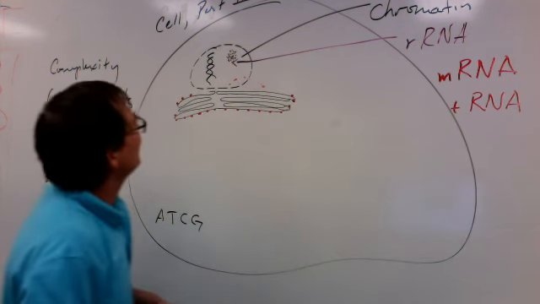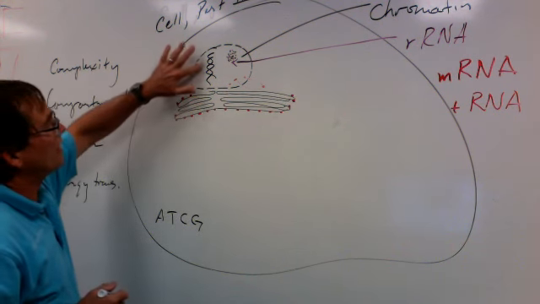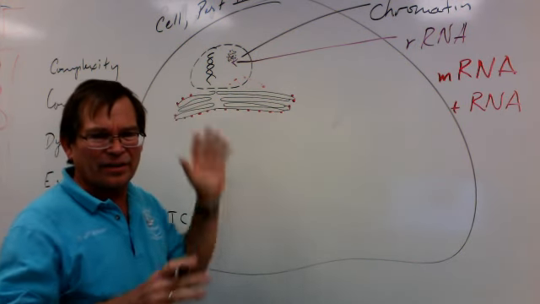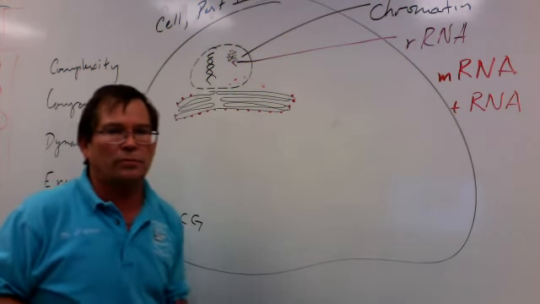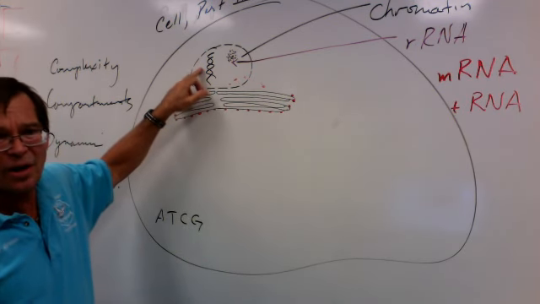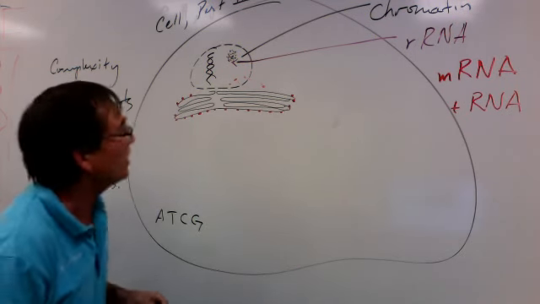Okay, so a particular enzyme produces now a copy. And there's a lot of detail here, and I'm just giving you the broad picture. Okay, but a DNA-dependent RNA polymerase. RNA polymerase. It's going to polymerize. All right?